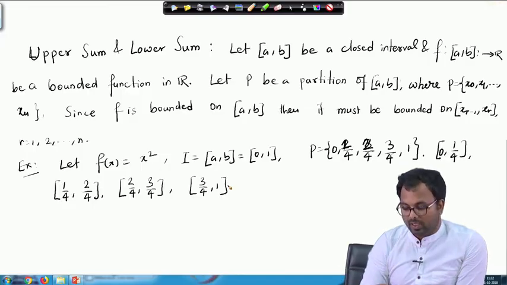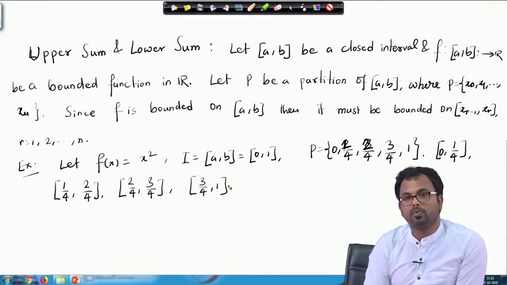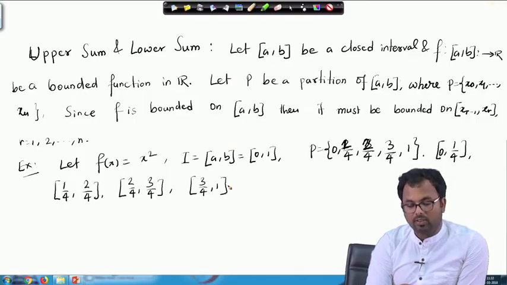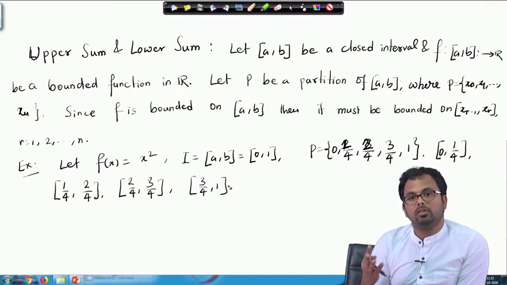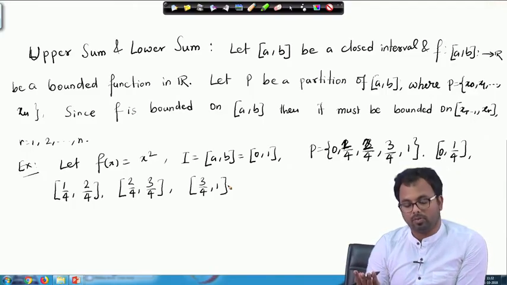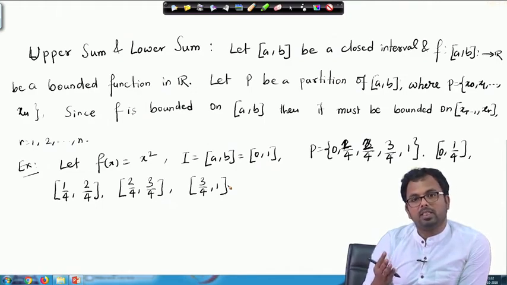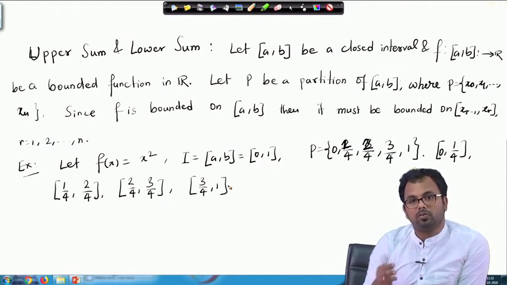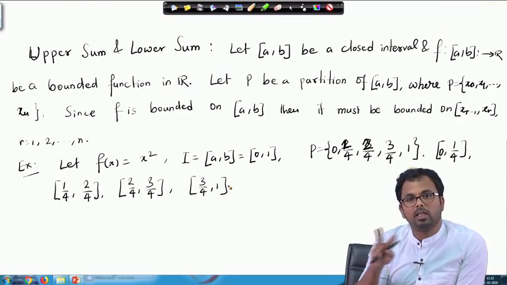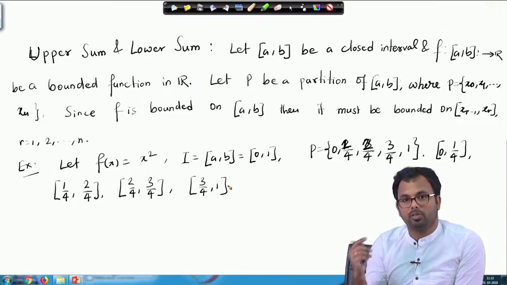You can see that on the interval [0, 1/4], the lower bound is 0 and the upper bound is 1 by 16. However, in the interval [1/4, 2/4], your lower bound is 1 by 16 and upper bound is 1 by 4. Similarly, on every one of these subintervals, you will get an upper bound and a lower bound. So, now we will define these upper bounds and lower bounds for the whole interval [a, b] and also for these small subintervals.